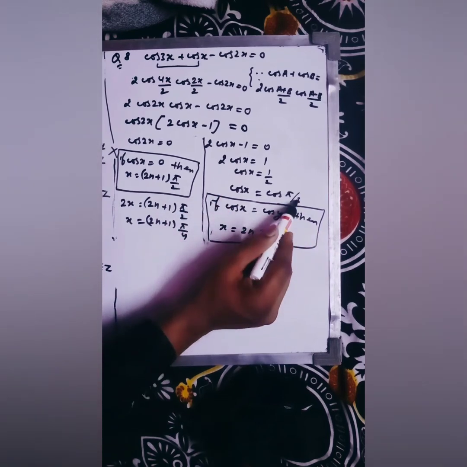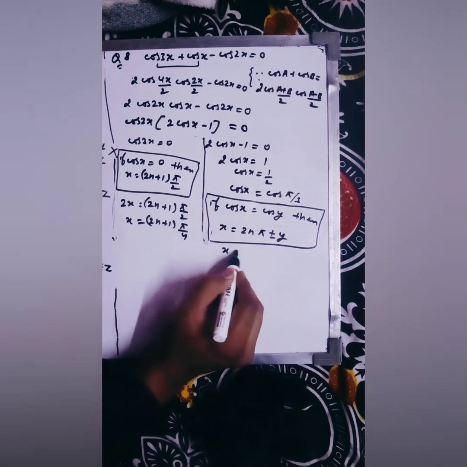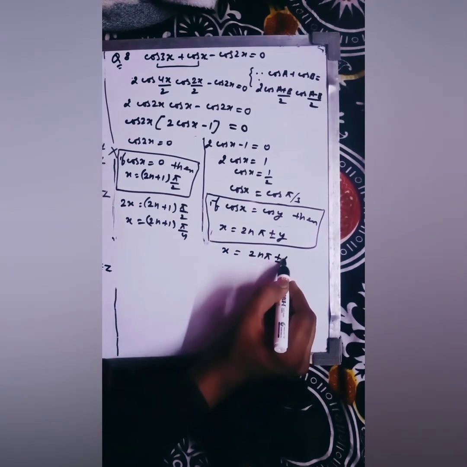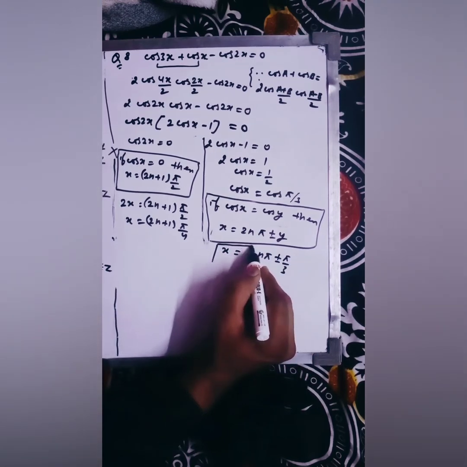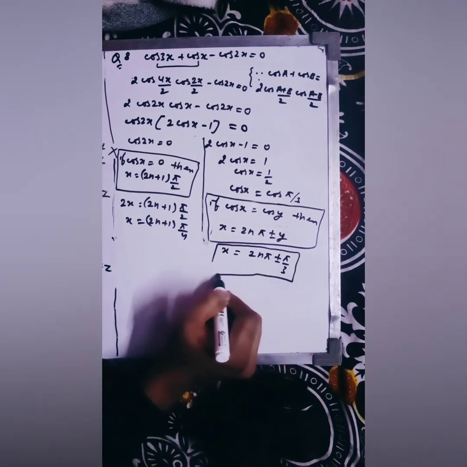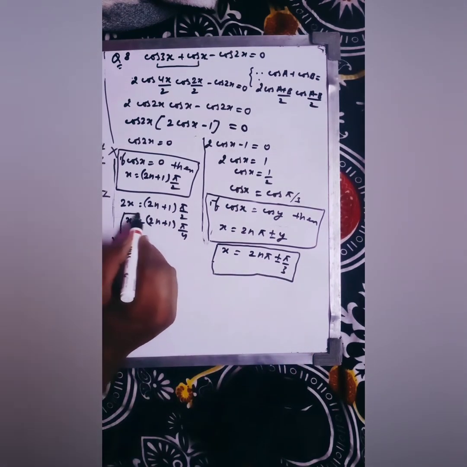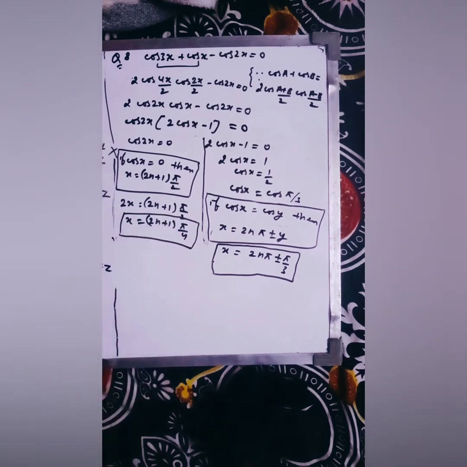So your y is pi by 3 and apply here. Your x remains x, so your x is equals to 2n pi plus minus pi by 3, so write it. So this is the required answer, general solution. So these two are the general solutions of the given equation. Got it? So this is how you can solve question number 8 of this exercise.